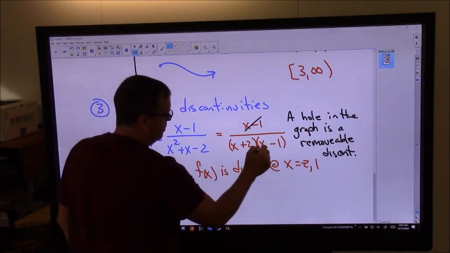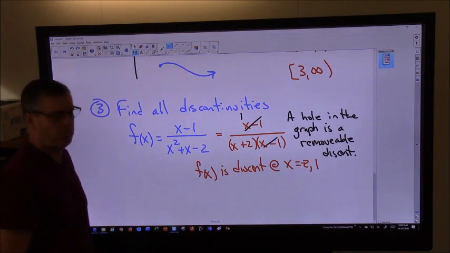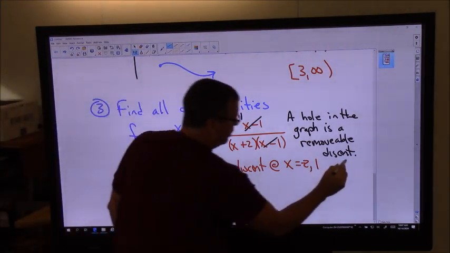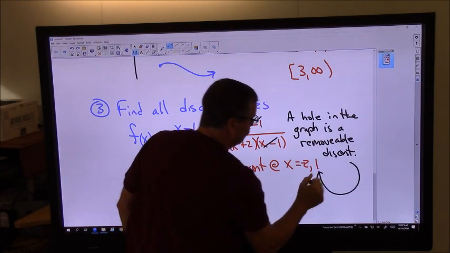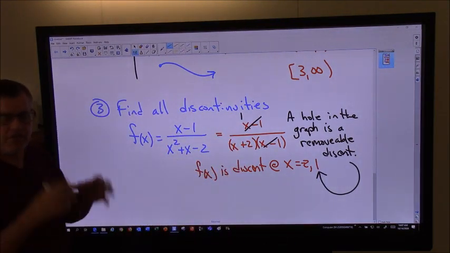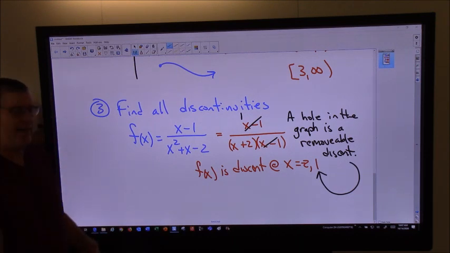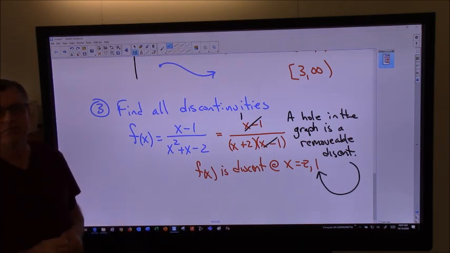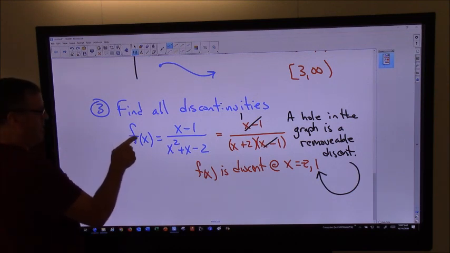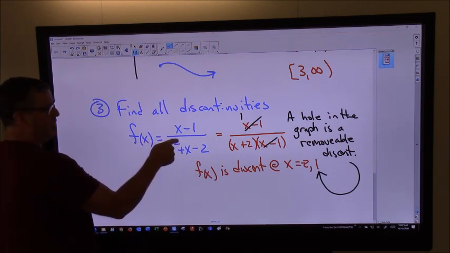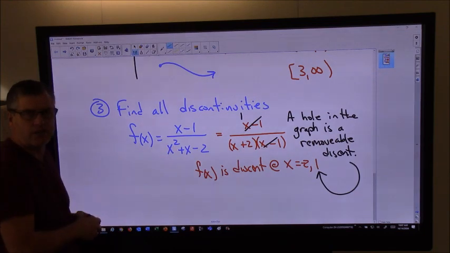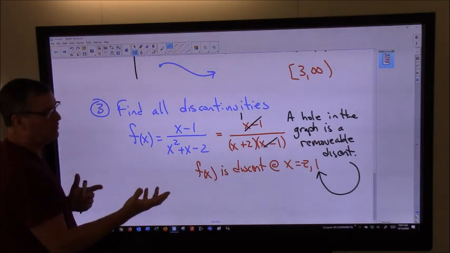Okay, by canceling those, I'm now saying there's a hole at positive 1, and so that would be removable if I assigned a point to that hole. Now, how do you assign a point? You can do it with a piecewise function. We could say f of x equals this if x does not equal 1.